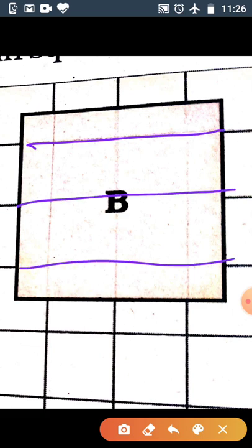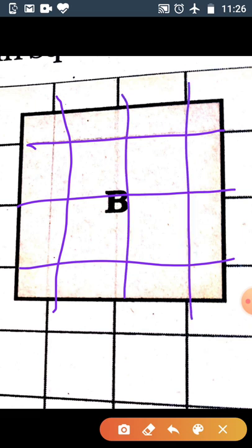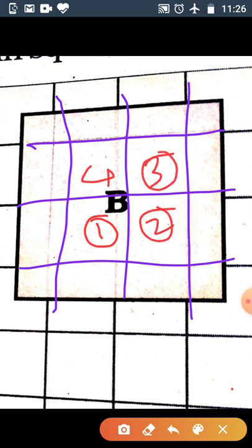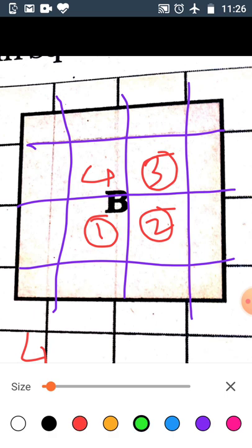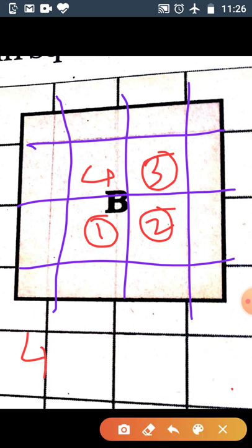Here children, in this figure, first of all you make the grid. After making the grid, you count the number of complete squares. So how many complete squares are there? Just count and you will find 1 complete square, 2, 3 and 4. 4 are complete squares, and after that you will see how many squares are half squares.